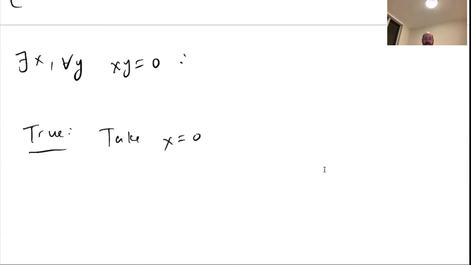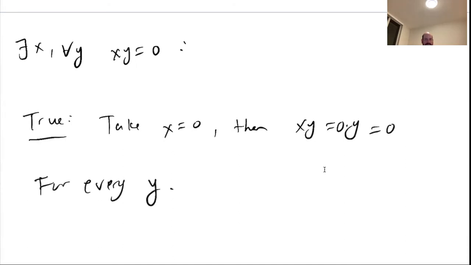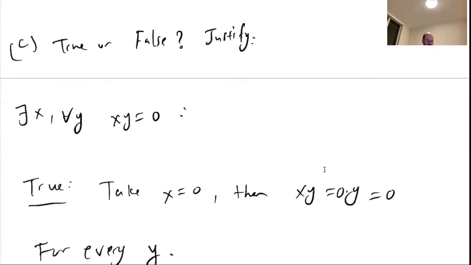We needed at least one x value, and I am suggesting x equals 0. Then xy will be equal to 0 times y, which is equal to 0 for every y. Okay, so this one is true.